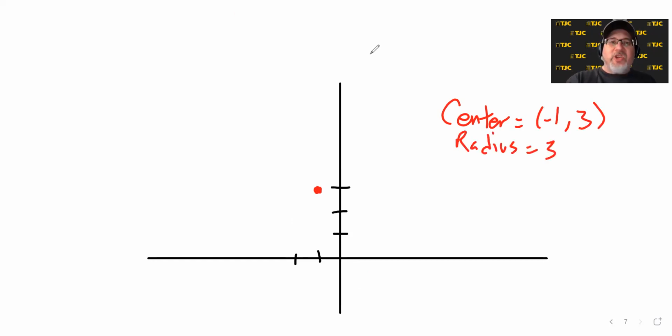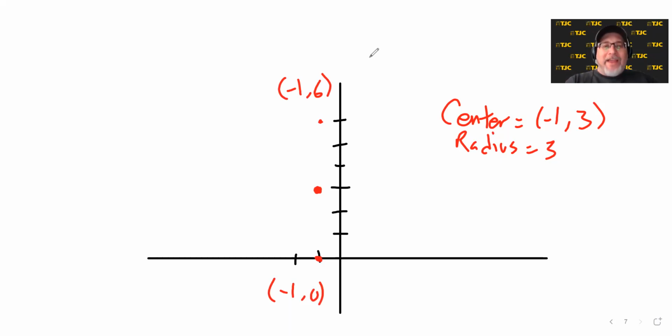Which means from the center, we need to go 4 directions, moving 3 every time: up, down, left, and right. If I go up 3, I'm already up 3, so I have to go up 3 more. Put a point here. Well, the center was at -1, up 3, and it just went up 3 more, so it's at -1, 6. If we went down 3 from the center, it would put us right on the x-axis, and that's the point -1, 0.